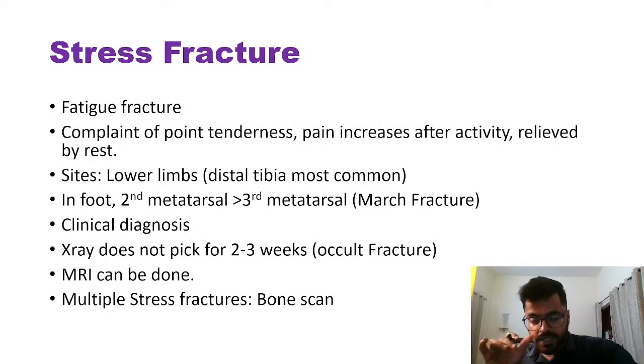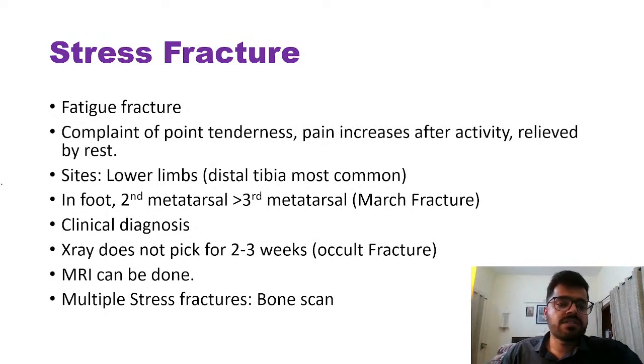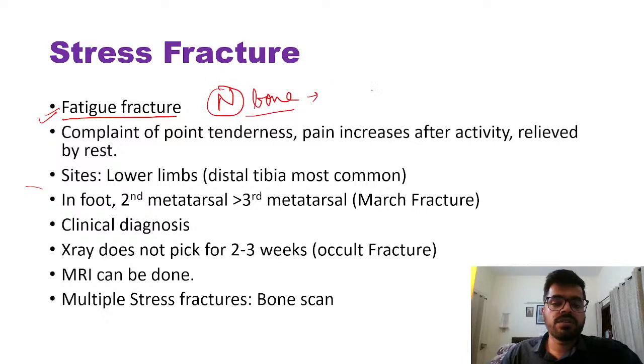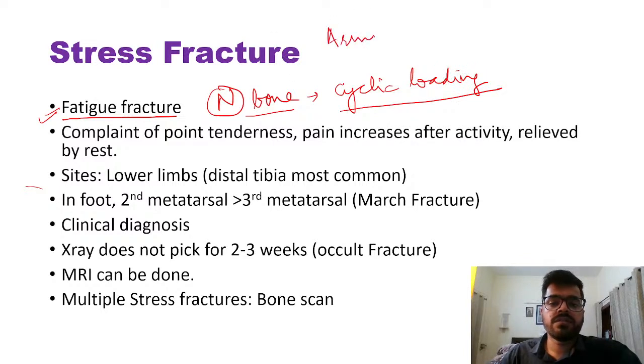Then we come to stress fracture. Stress fractures are actually fatigue fractures. The bone is normal bone with increased cyclic loading. For example, in army people it is commonly seen.